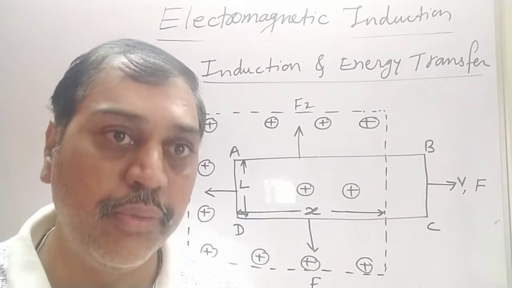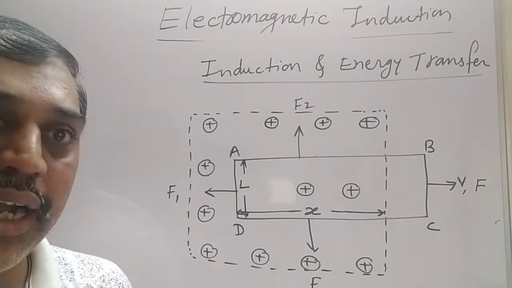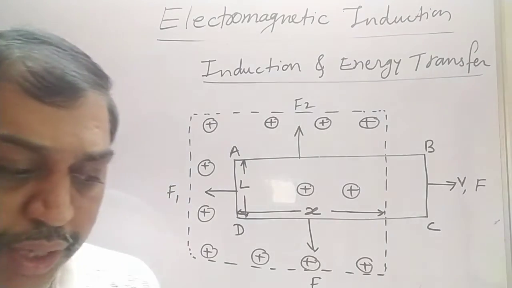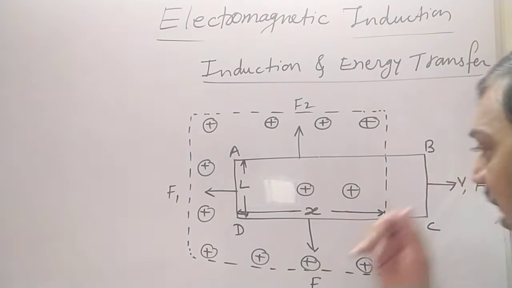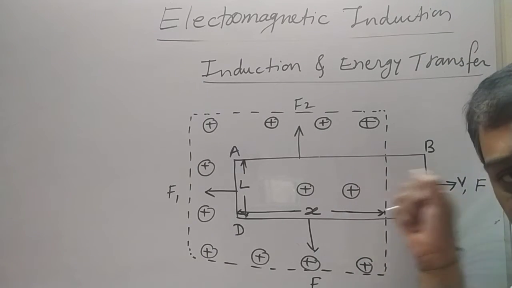Now what we have to do? We have to derive a mathematical equation. For that, we will write down the basic equations. The rate of doing work on a loop: I am moving this inside and outside, which means I am doing some work on this loop.